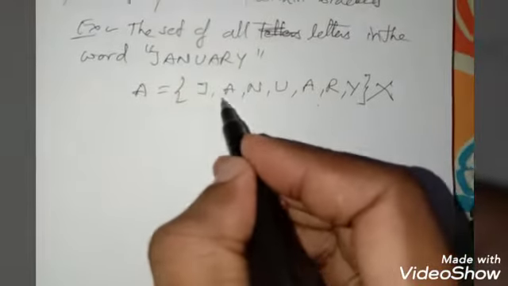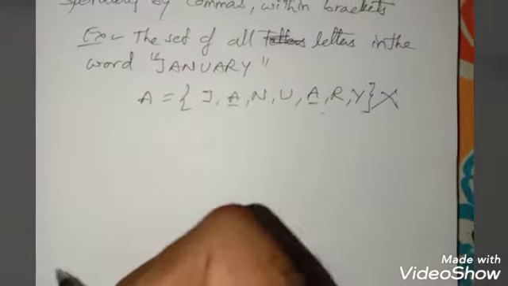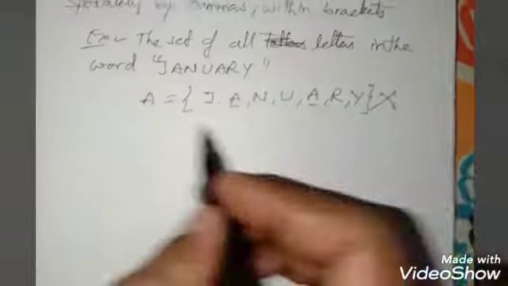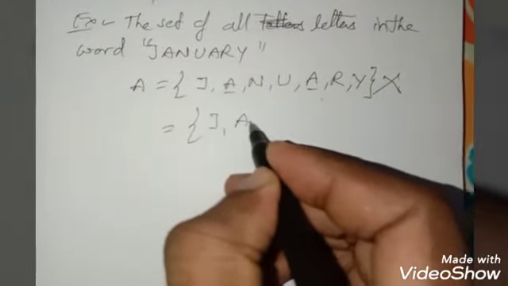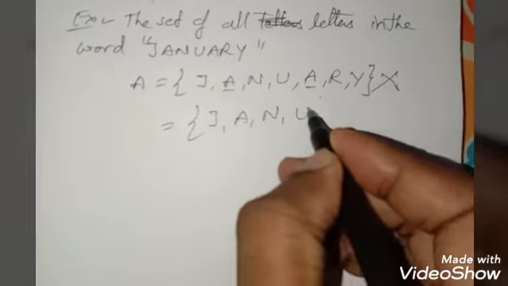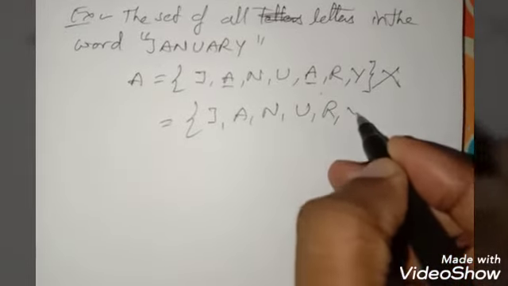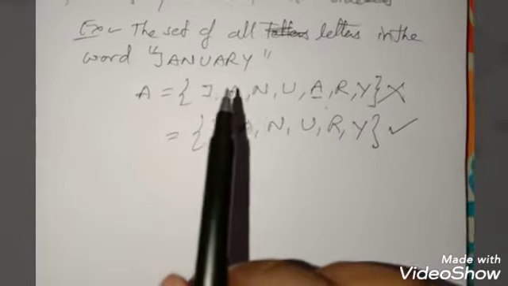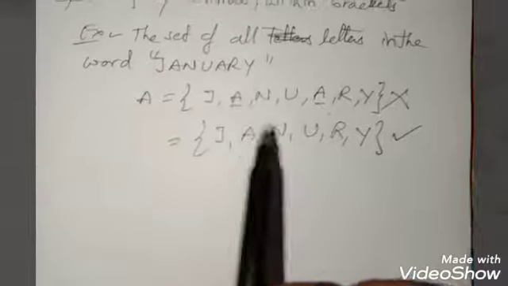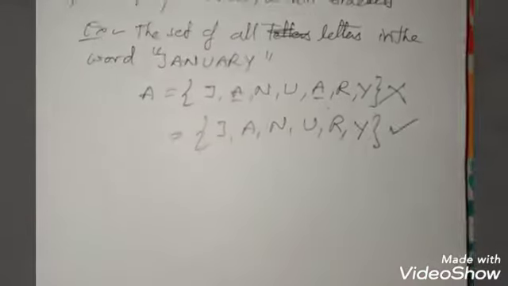Here A is repeated, so this set is completely wrong. I can rewrite this set as J, A, N, U, R, Y, and this is the correct way of writing a set. The rule is that repetition of letters is not allowed in writing a set.